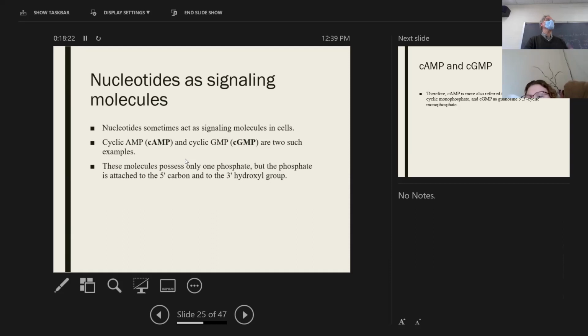Nucleotides also act as molecules for signal transduction. So they act as so-called second messengers. These are the cyclic nucleotides, cyclic AMP and cyclic GMP.